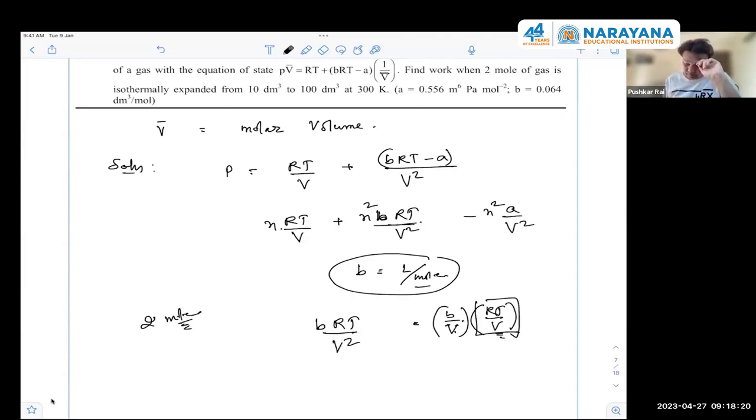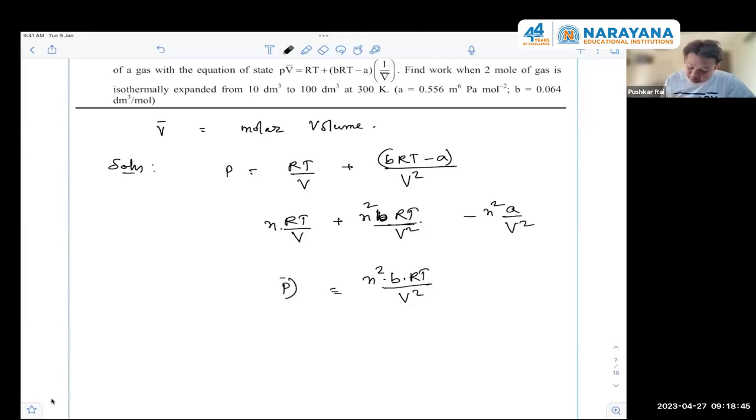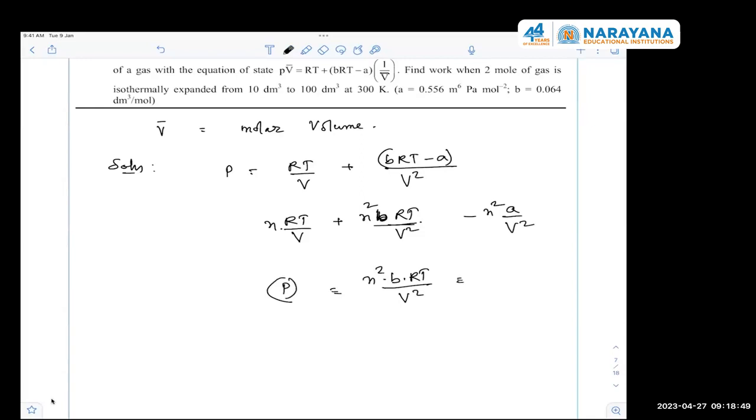Okay. You're right. It is n square. N square b. But please check n square b RT by V square. Does it make sense? Is it having dimension of pressure? Yes, sir. All right.